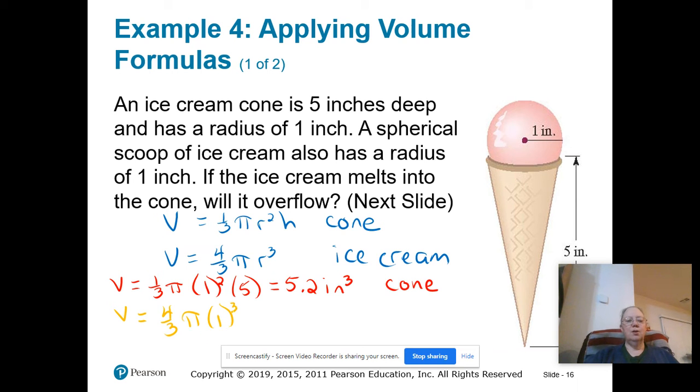So 1 cubed. 1 times 1 times 1 is 1. So what we are looking for is 4/3 times pi times 1. And it looks like that is approximately 4.2 inches cubed for the ice cream.